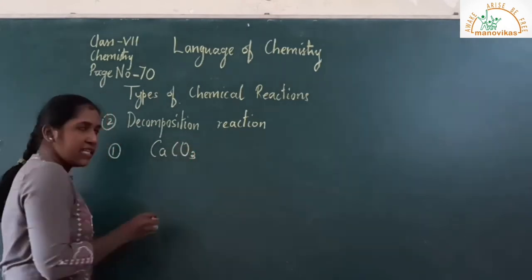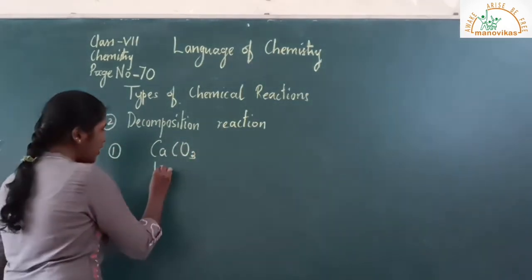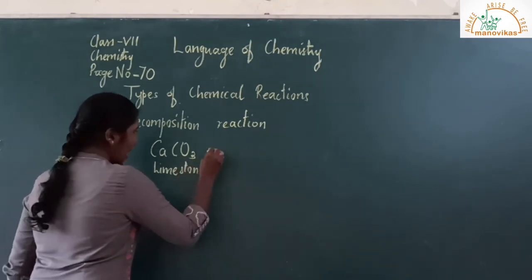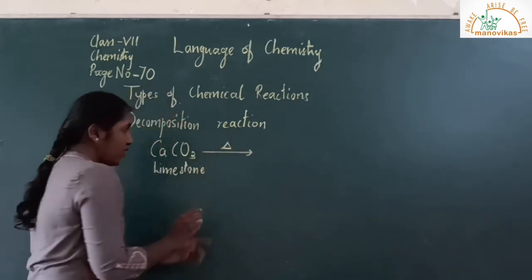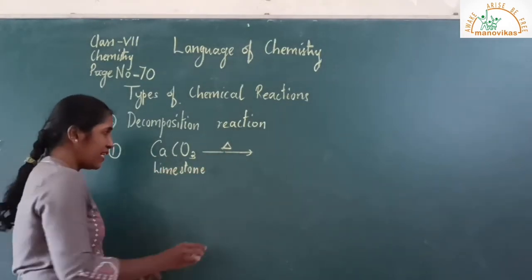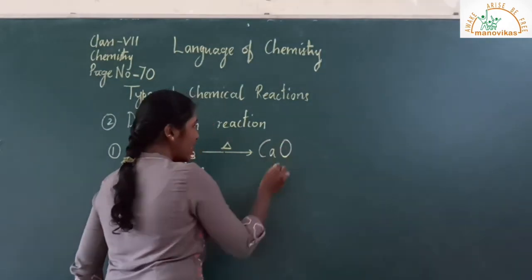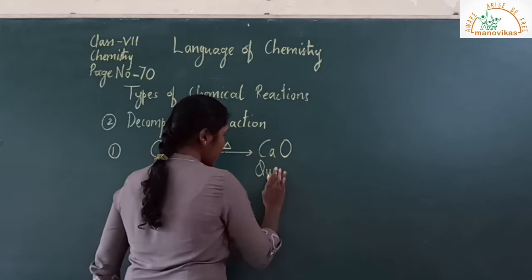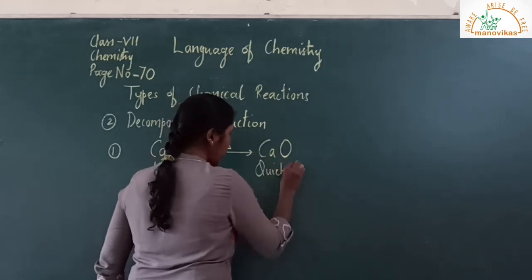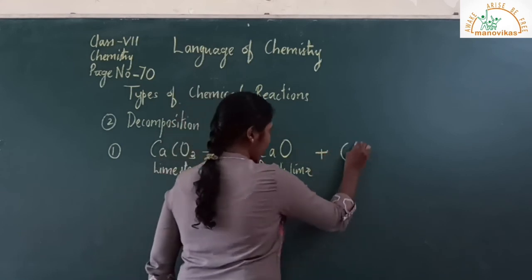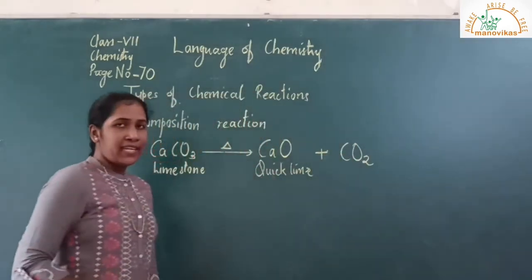CaCO3 is calcium carbonate, or as you can say limestone. So this limestone, when it is heated, this symbol stands for heating, what you will get is calcium oxide, which we call quicklime, plus I get carbon dioxide gas.